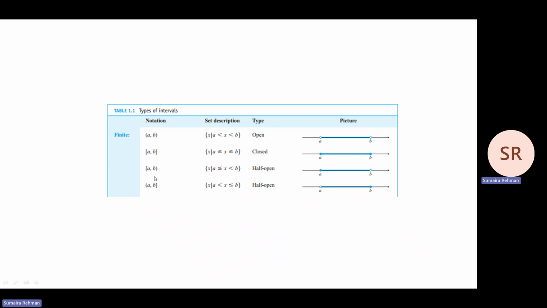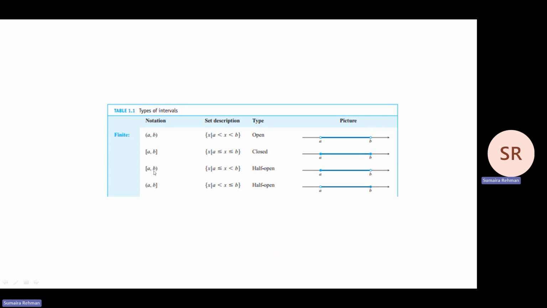And now here we have the semi-closed interval, or half-open interval, you can say. It is closed from the left side, the starting point, and open from the right side, the ending point. This means a is included in the interval, but b is not.